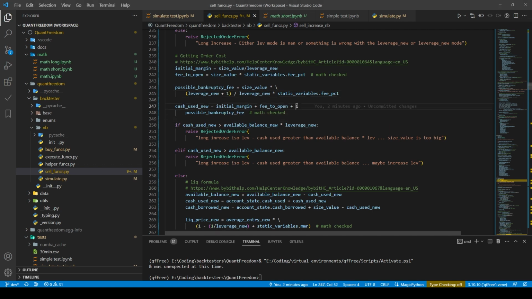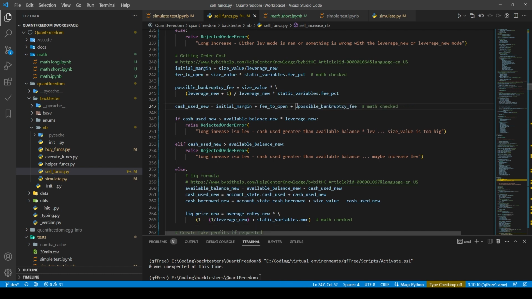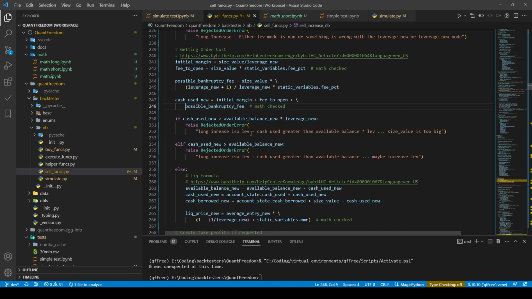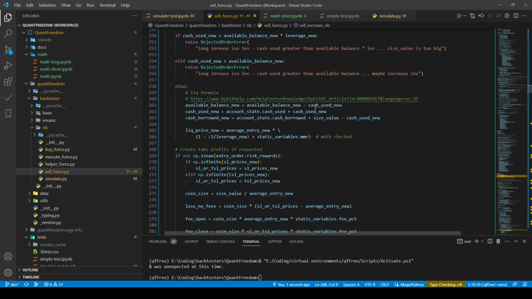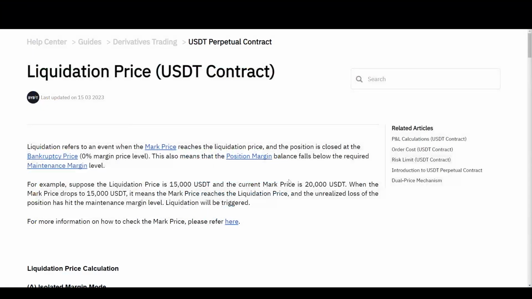So this is fine. Else liquidation formula. So this is all fine. New liquidation. All right. So we have our liquidation over here.